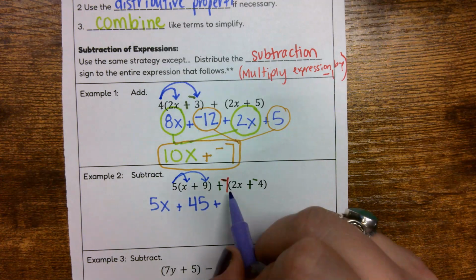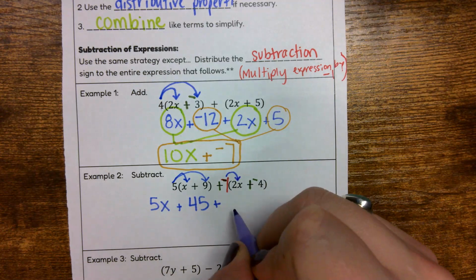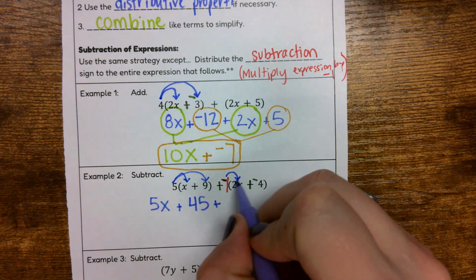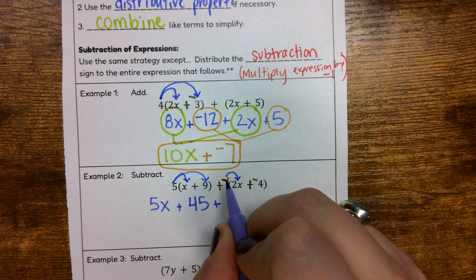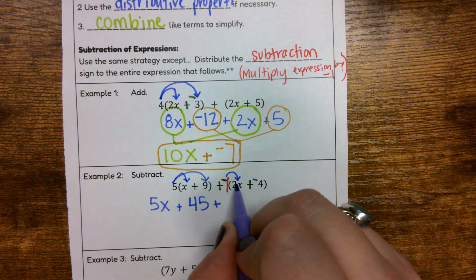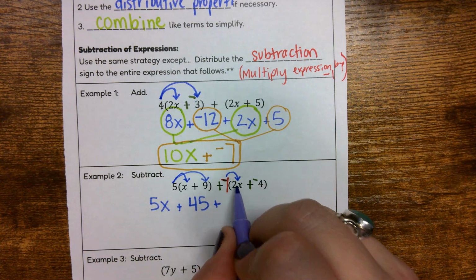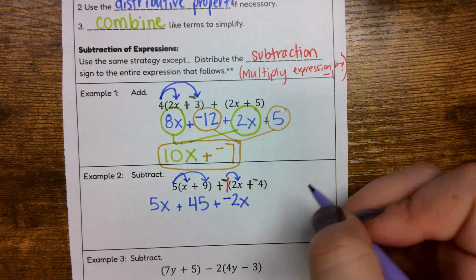So now this is where I distribute that -1 times 2x. Anytime you multiply something times -1, the term really stays the same. The only thing that changes is its sign. So instead of being a positive 2x, it's now going to be a negative, because a negative times a positive is a negative. So it's going to be a -2x.